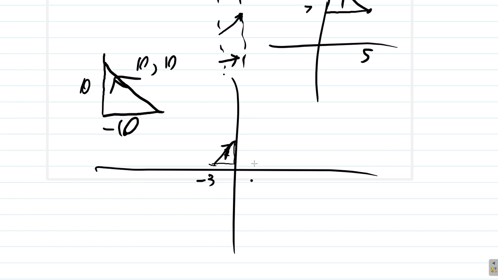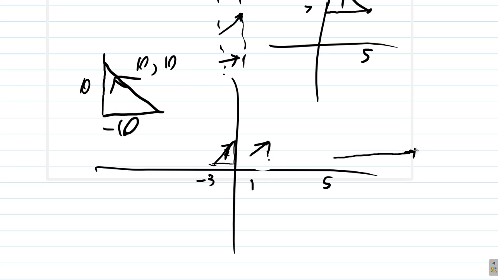So when x is 1, y is 1. Horizontally 1, vertically 1. So the vector is this. So you have this vector. Say you're at 5, x is 5, but y remains 1.